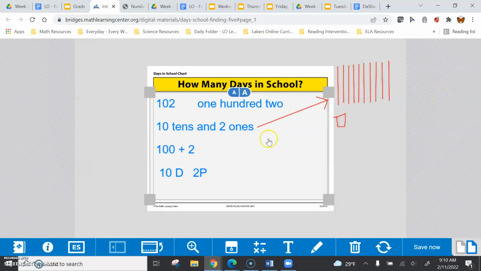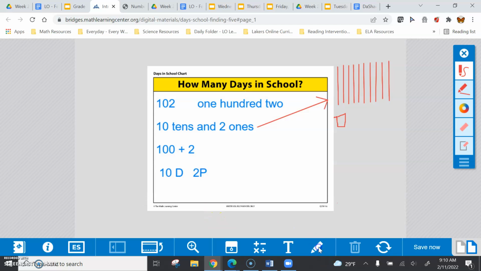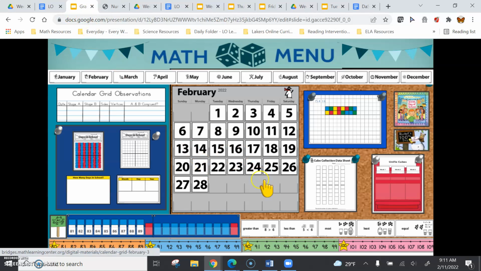All right. And then we are going to add on one more cube. One more cube. That's taking care of quite a bit.